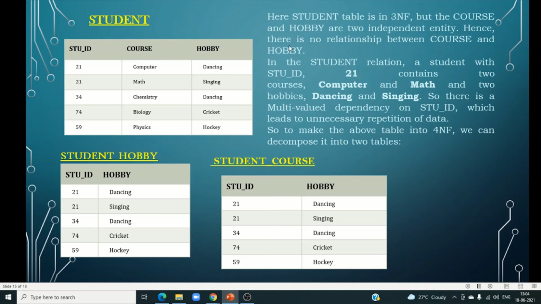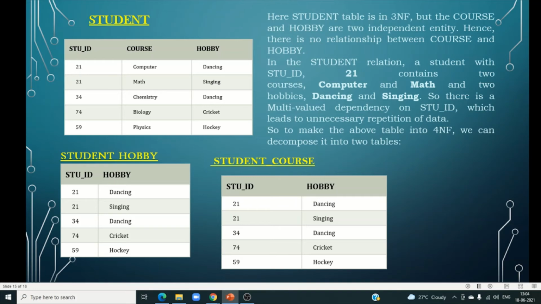Here you observe that this student ID 21 has multiple values. He joined two courses, computer as well as maths, and the same student has two hobbies, dancing and singing. These two are the multi-valued attributes for the single student 21.